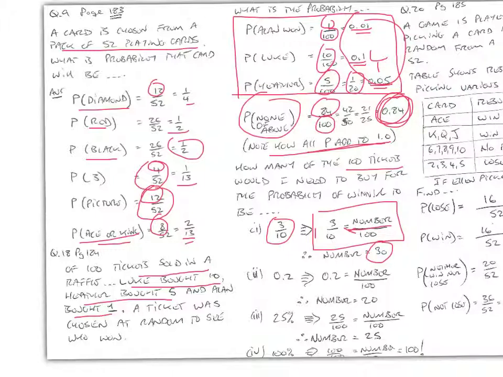You'd need to buy 30 tickets to give yourself a chance of 3 in 10 of winning. To give yourself a chance of 0.2, we just equate 0.2 equal to the number over 100, and cross multiplying again, we would find that we'd need to buy 20 tickets to give yourself a 0.2 chance. And to give yourself a 25% chance, again, we equate and cross multiply, you'd need to buy 25 tickets.